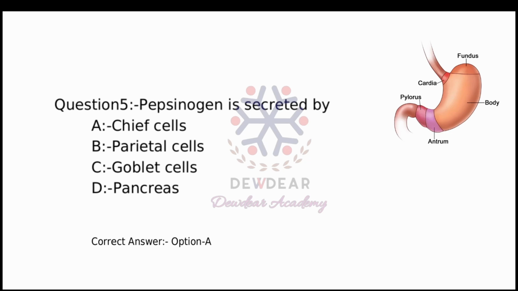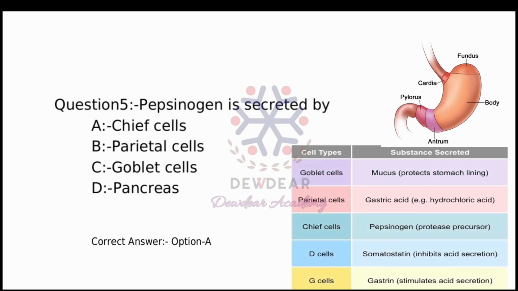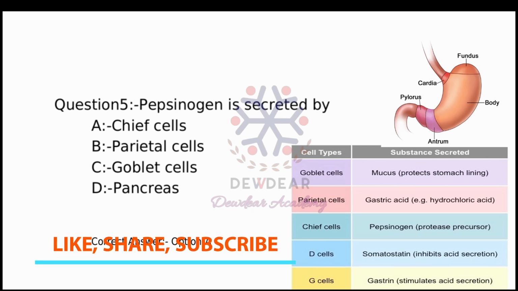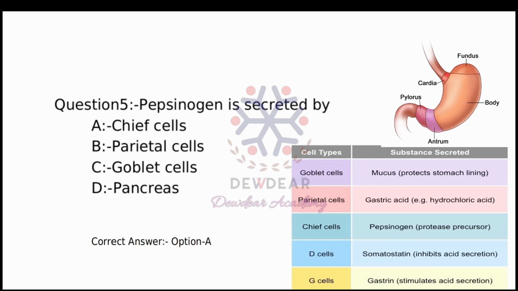This is the image of the stomach and we can see the different types of cells in the stomach and the substances secreted. First is the goblet cells. Goblet cells are found in the stomach and also throughout the gastrointestinal tract, mainly in the mucosal layer.